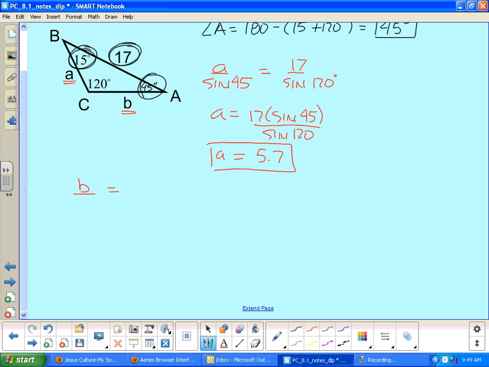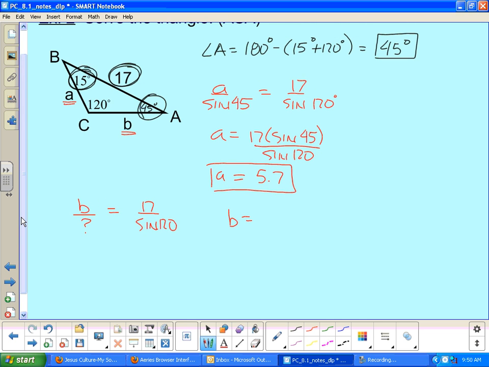V over something is equal to, we'll use the same relationship here. And then tell me what you find to be. Fill in what goes in right there. Good.